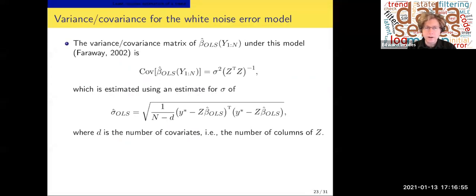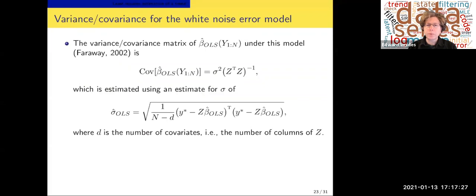And if you want a reference for linear models, a good practical one that also has enough theory for this course is Faraway 2002. The references are at the end of the slides. So the covariance matrix of beta hat OLS is sigma squared z transpose z inverse. Z transpose z, we know these are the covariates, they're in the data set.